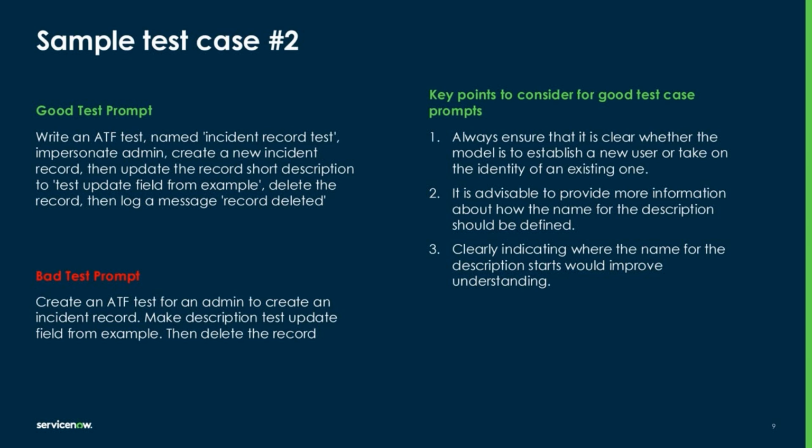You're creating an incident record, so what is the name that you want the record to have? Otherwise, it just doesn't know what to put in there, and you might still get a test preview created. Then you might have to go in and edit those test steps. Not the end of the world, and you could still salvage your test, but you could get much better odds by providing a lot more information up front if you can.